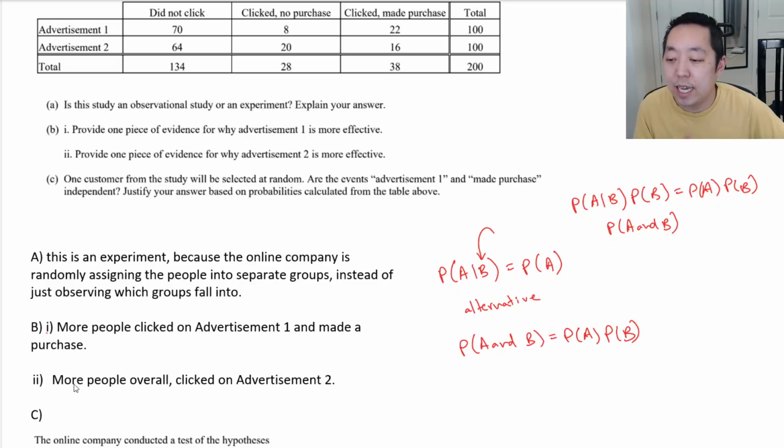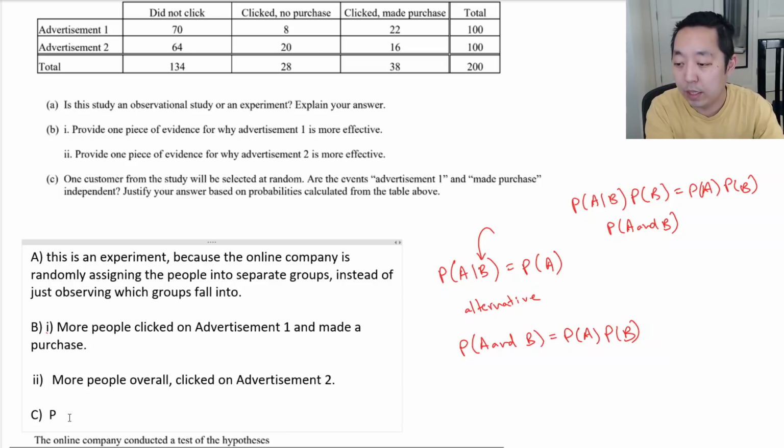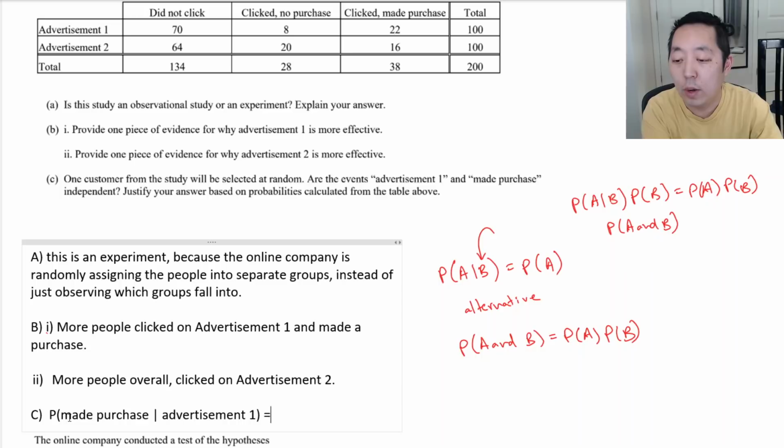So in this case, A and B are the two events, advertisement 1 and made a purchase. So let's look at the probability that made purchase, given it was advertisement 1. How do you calculate this probability? This is the way I like to think of it.